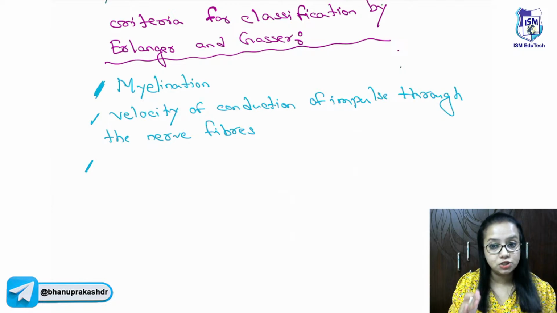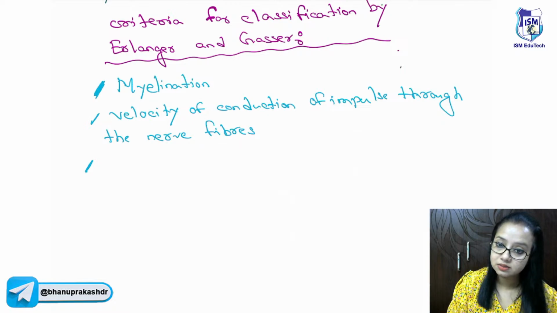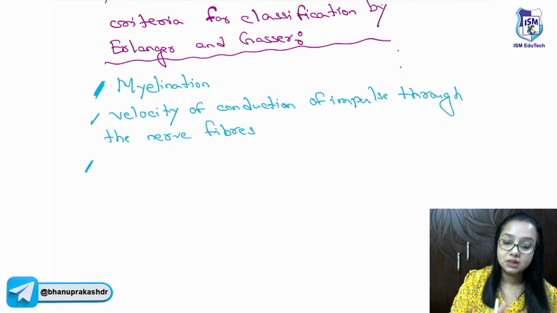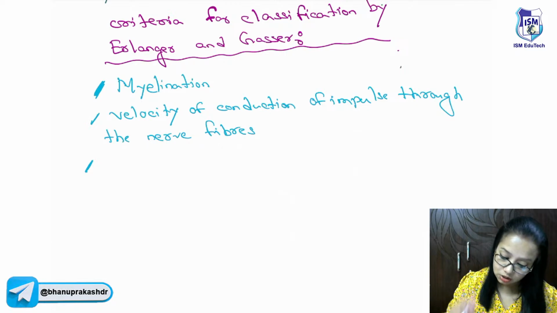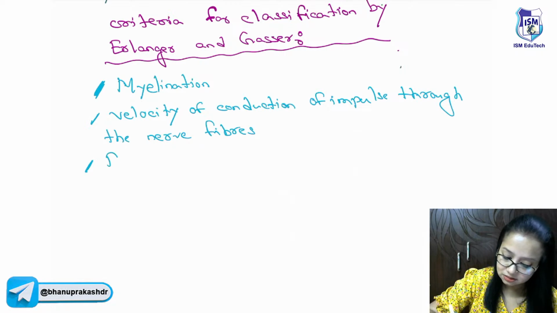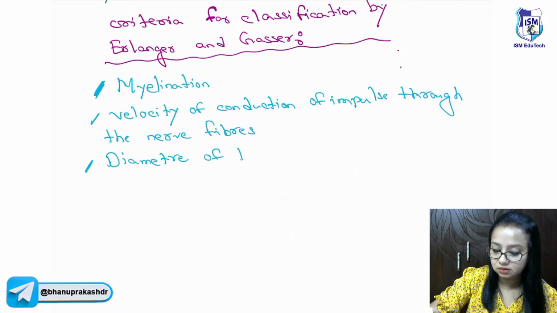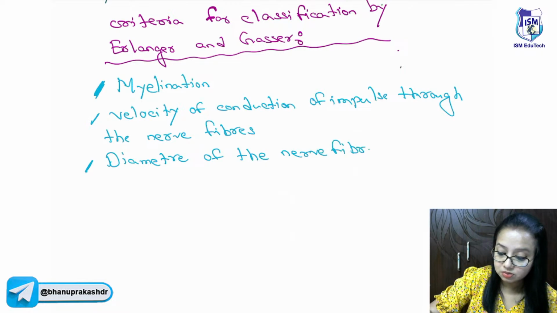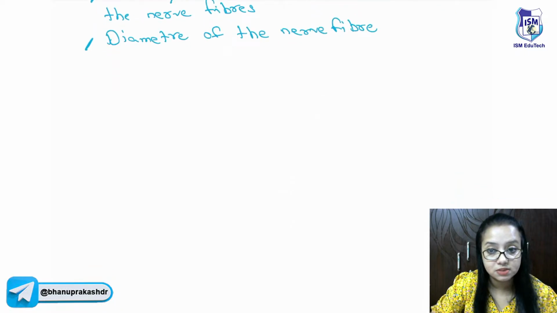If there is myelin sheath, the impulse is conducted faster, by saltatory conduction. If the myelin sheath is less or absent, the speed becomes slower. So velocity of conduction is the second factor. The third factor is the diameter of the nerve fiber, another important determining factor that we studied yesterday.